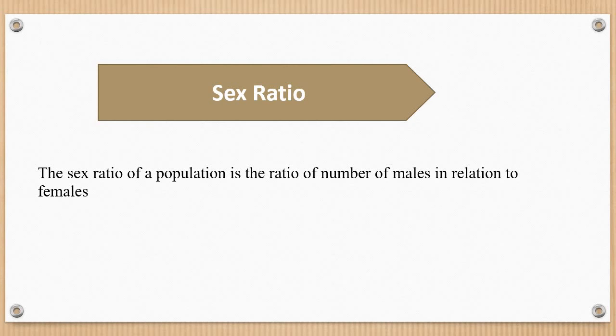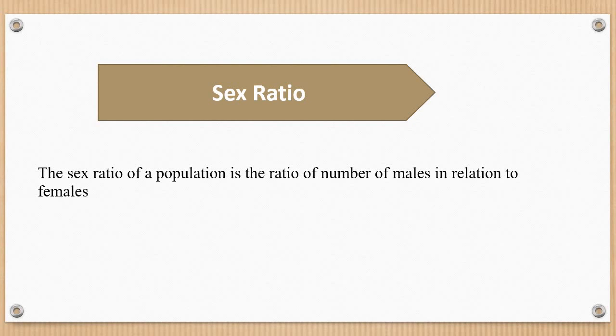So how do these factors show their influence on the sex ratio? How does the birth rate influence the sex ratio? For this we can take the example of human beings. See, the birth of the girl child is often reduced in India.